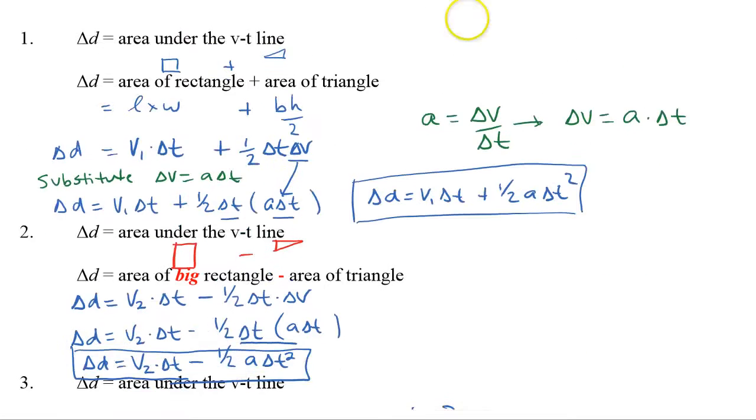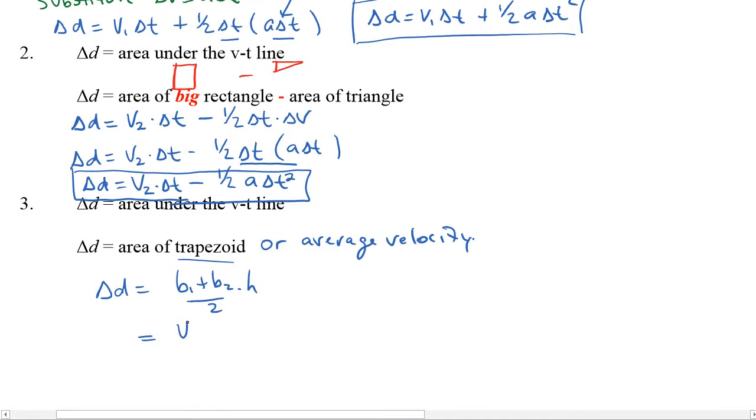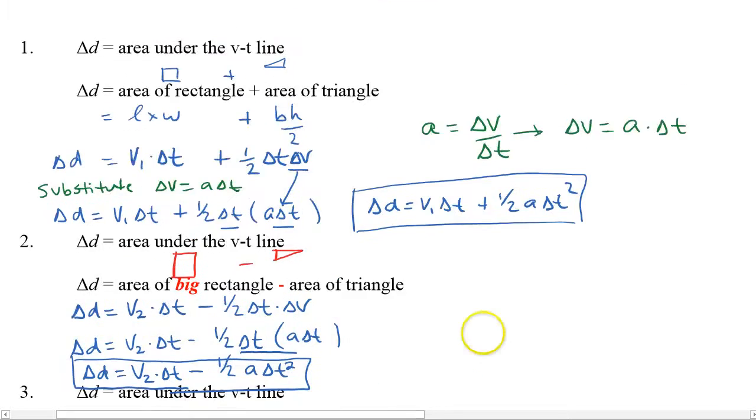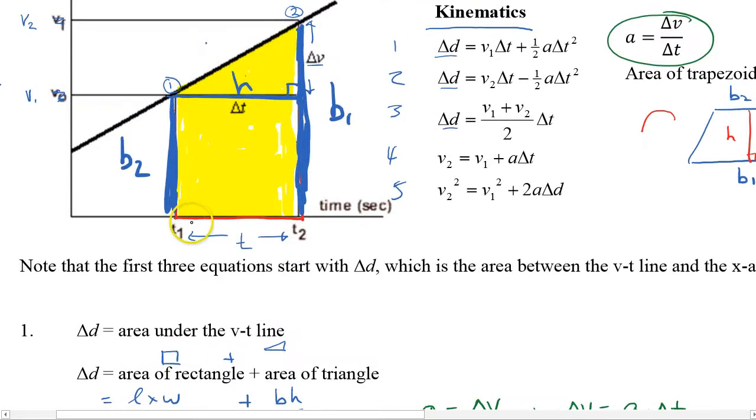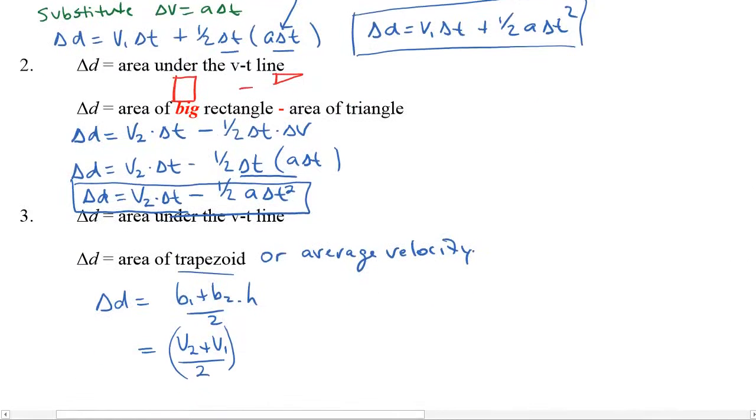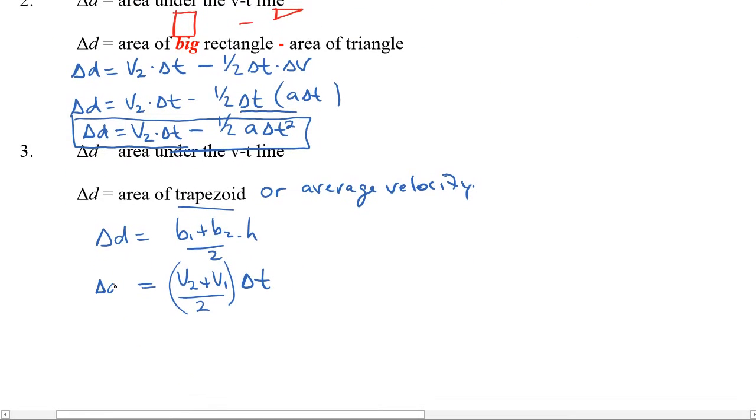So it's going to be v2 plus v1 all over 2 multiplied by the height, and the height is this line here, which is delta t. So that's delta t. And then all we've got to do to make this right is to make it look exactly like the formula. We'll say delta d is equal to v1 plus v2 divided by 2 all times the t, right?